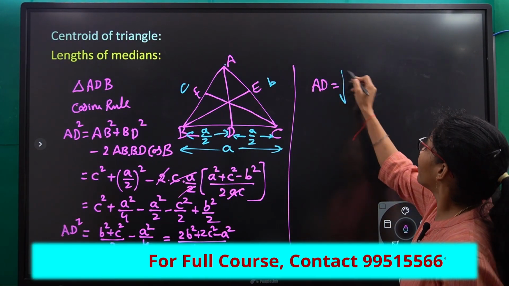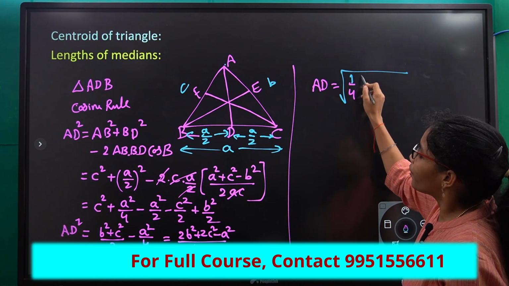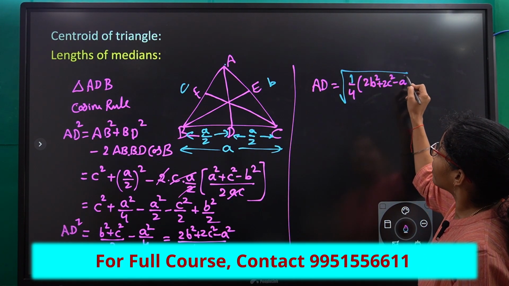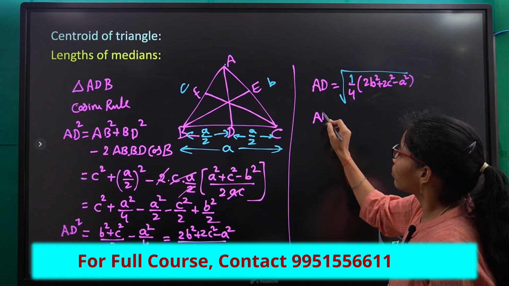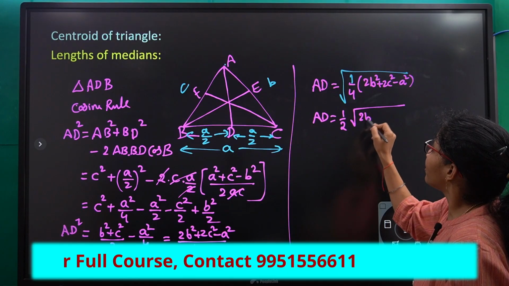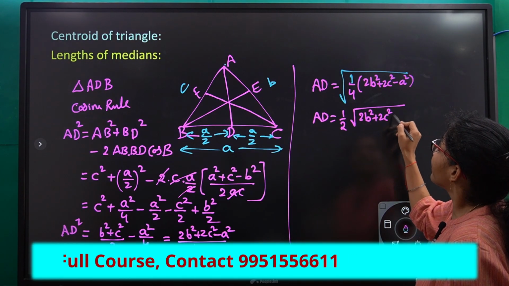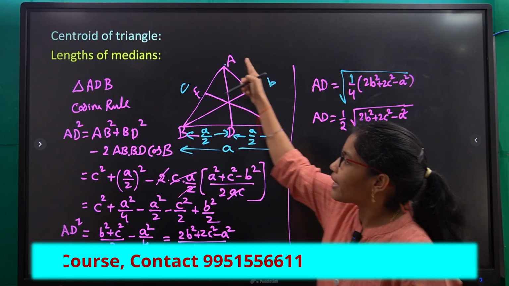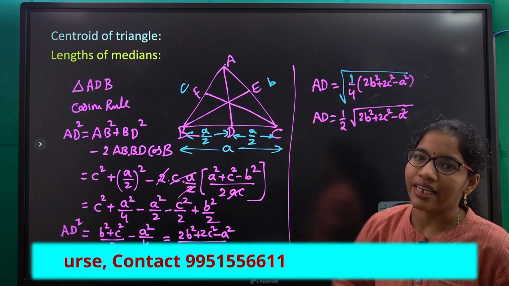How much? 1 by 2 only. 1 by 4 into 2B square plus 2C square minus A square. So from this AD equals to 1 by 2 into square root of 2B square plus 2C square minus A square. Clear? 2B square plus 2C square minus A square.